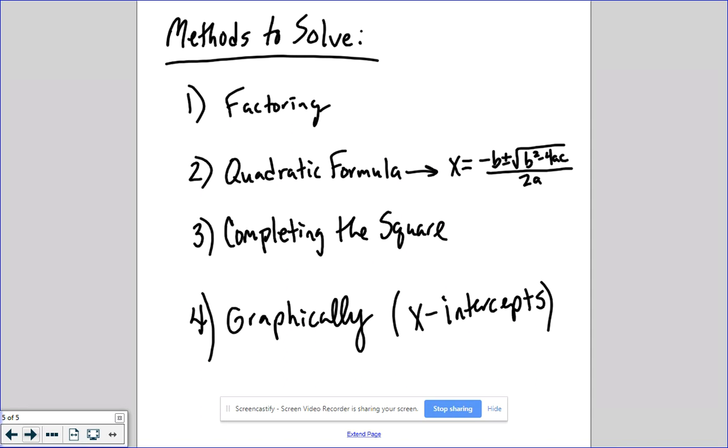No. So if it asks you to solve and find exact solutions, you try to graph, and both solutions are imaginary, you just did all that work to find out, oh, hey, I have 2 complex roots, but now I have to go back and do one of the first 3 methods to find those 2 complex roots. So it's one of those tricky things, and that's why we're going to focus on the first three. Graphically is always an option, but it's also one of the more simplistic methods.